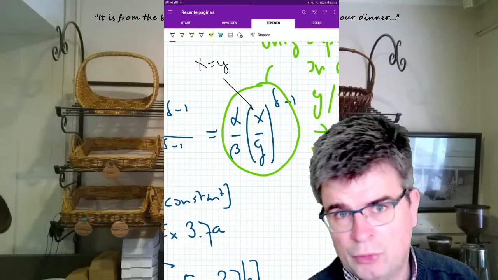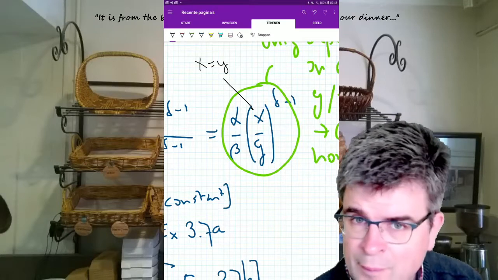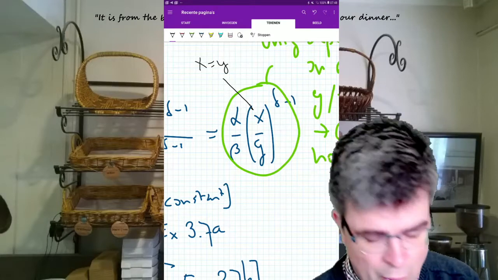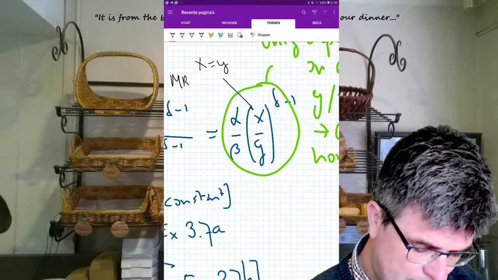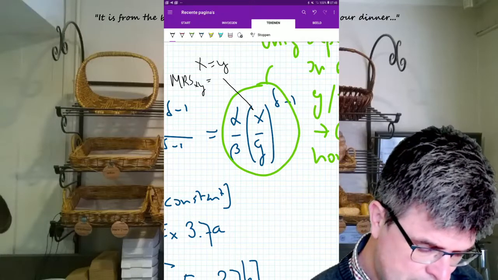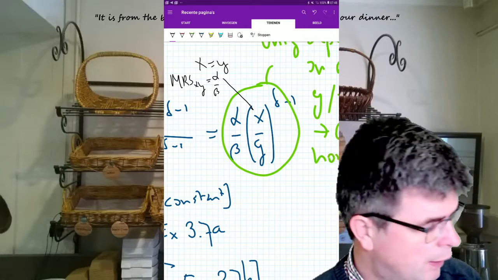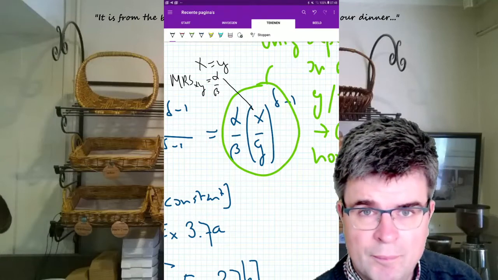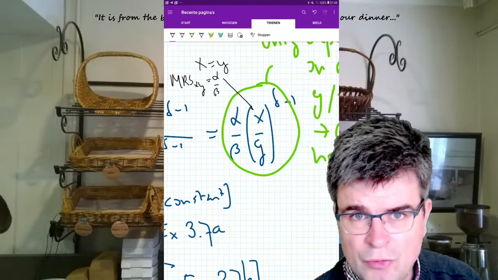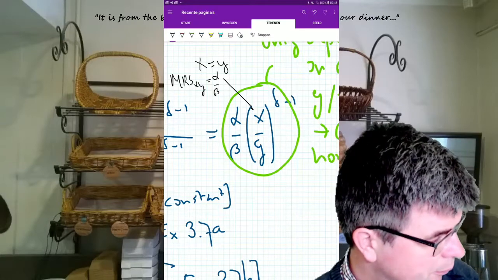We can take 1 to the power anything. It doesn't depend on the value of delta, but the result will be 1. So if x is equal to y, then the marginal rate of substitution is equal to alpha over beta. And it does no longer depend on the exact value of x or y, but they need to be identical to each other.